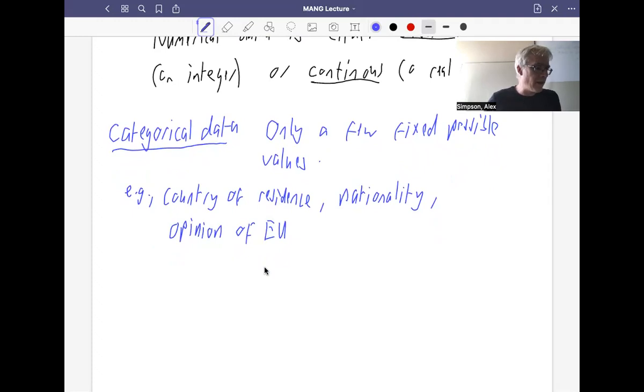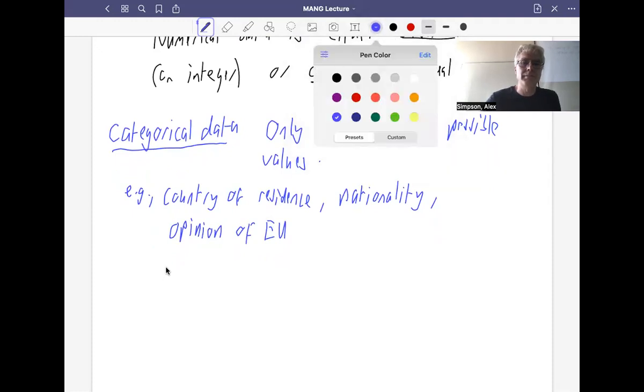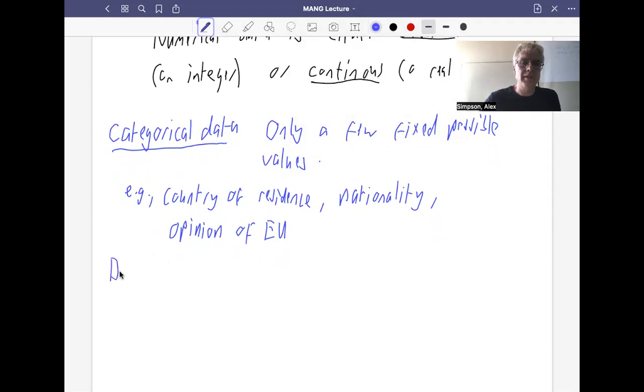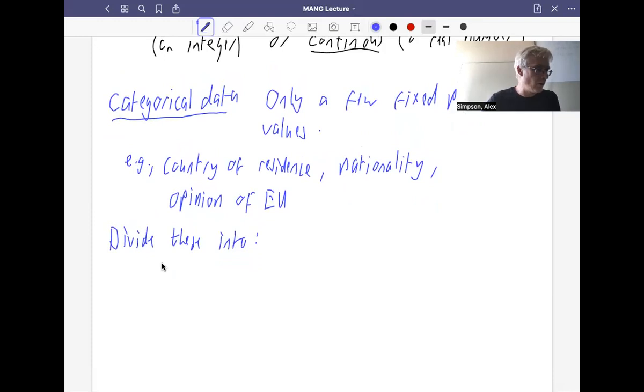And this kind of categorical data, we can subdivide into 2 subcategories. We divide these into what's called nominal data. This means there is no ordering between the categories.